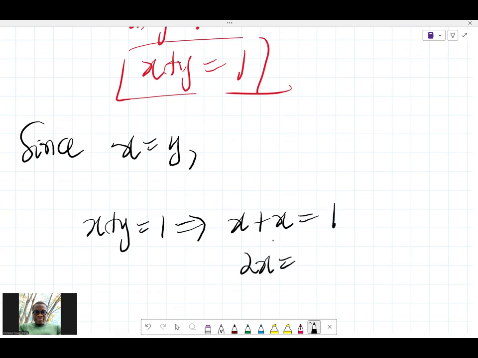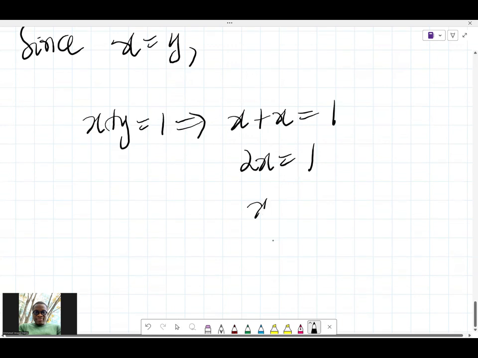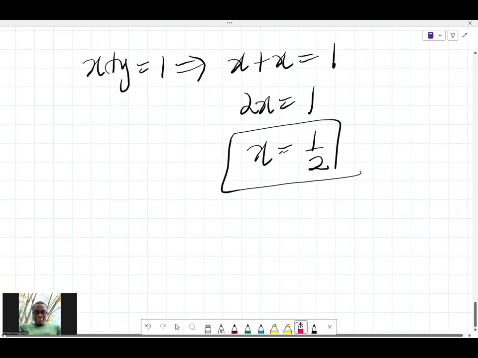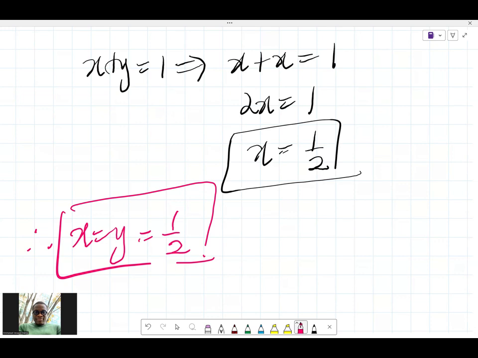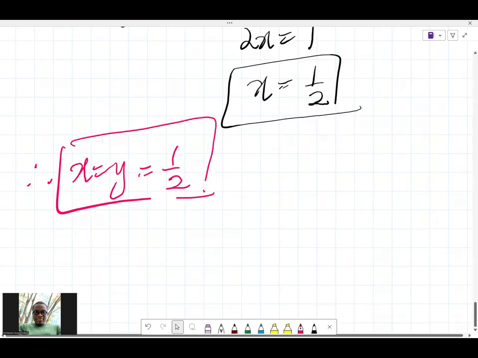That means that 2x is equal to 1, and then x is equal to 1 over 2. Therefore x is equal to y is equal to half. So x is half, y is also half. That's what that simply tells us.